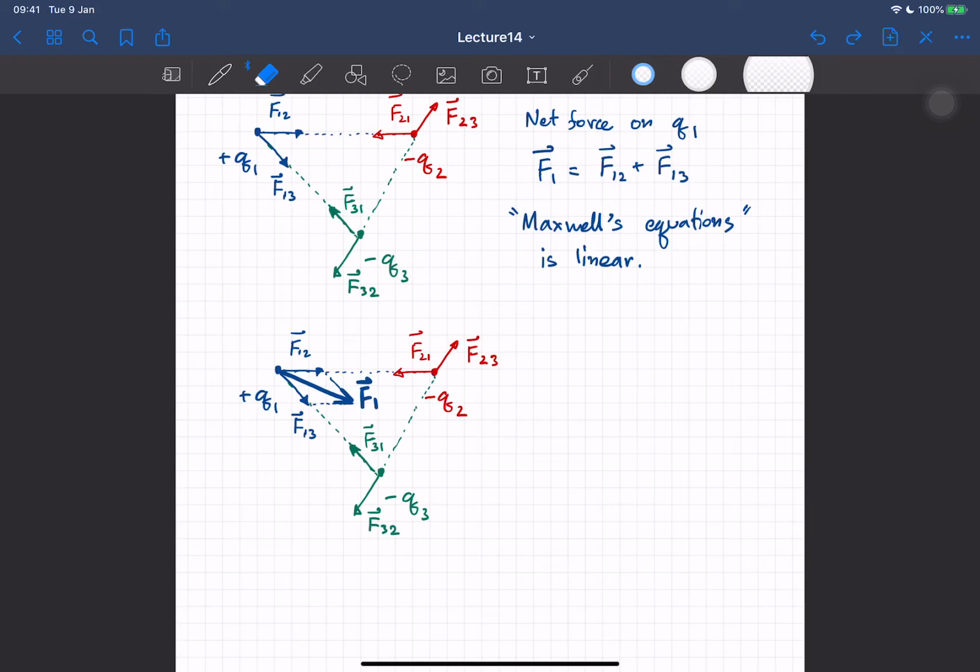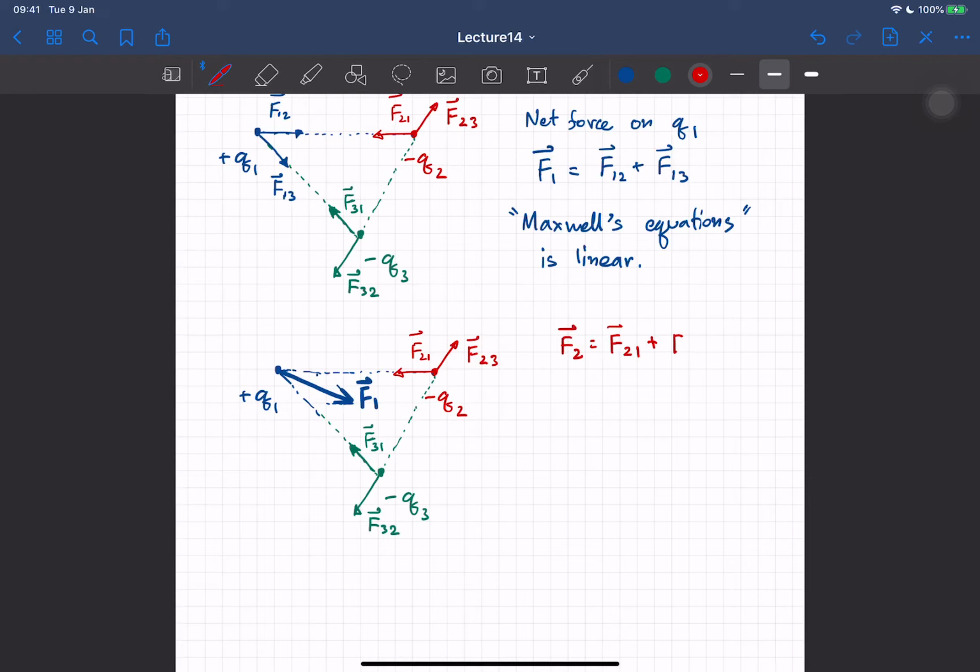So I can maybe erase this. And if you want to know, then you can refer to the diagram above. Right. So that's the net force acting on Q1. What about Q2? It's the same thing. For Q2, the force acting on Q2 has to be the sum of all the forces acting on Q2.